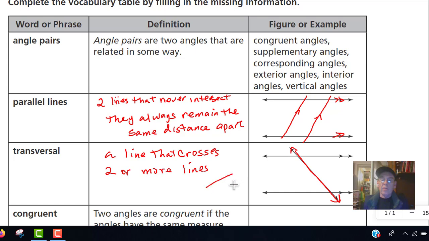We also get to have two lines that aren't parallel and a line that crosses, and this would also be the transversal. So all it takes to be a transversal is a line that crosses two or more other lines.